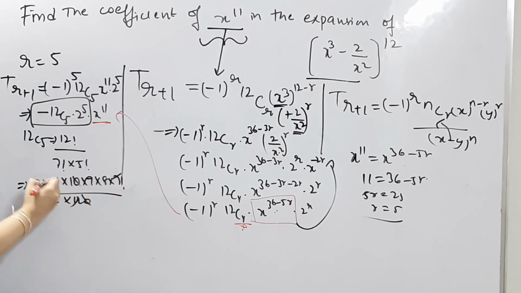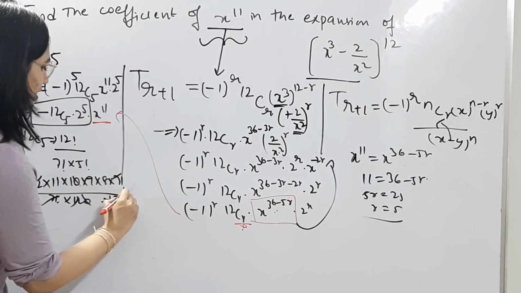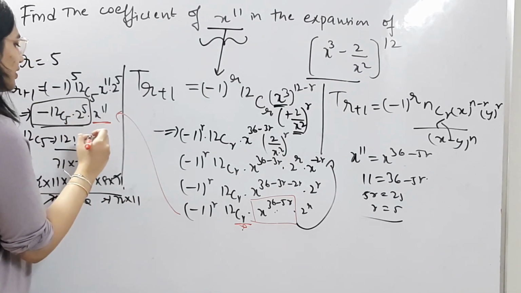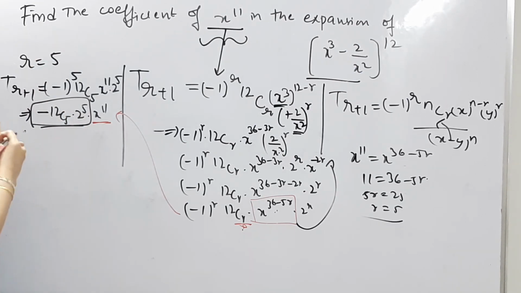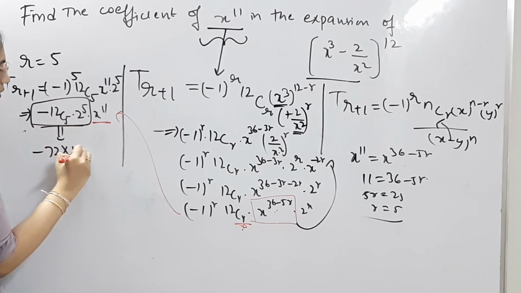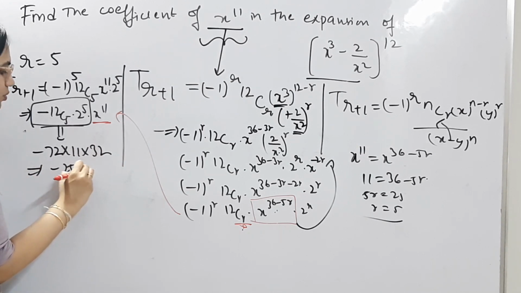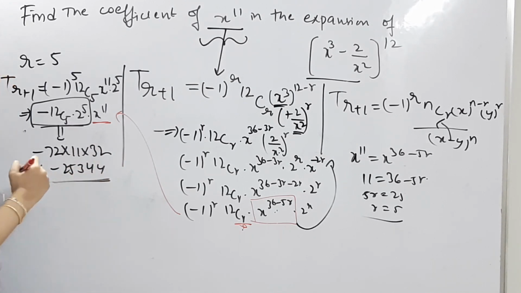I just put in directly, that's it. So we get here as 72 into 11. So this value is nothing but minus 72 into 11 into 32. So the answer that we get is minus 25344.